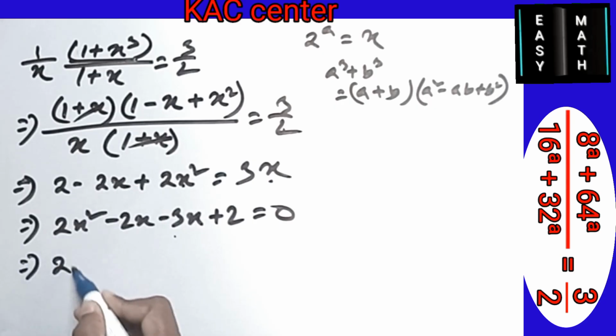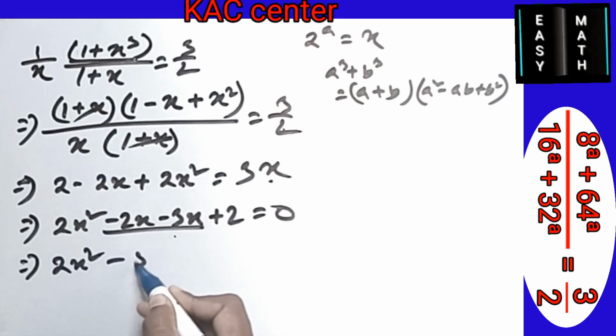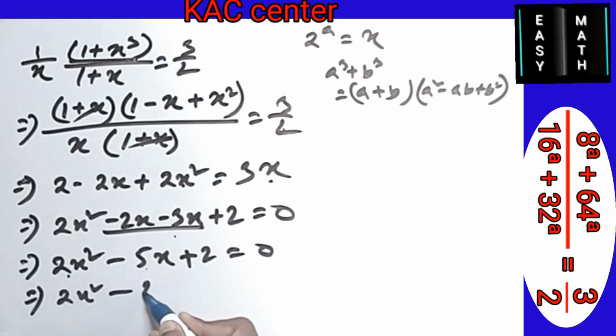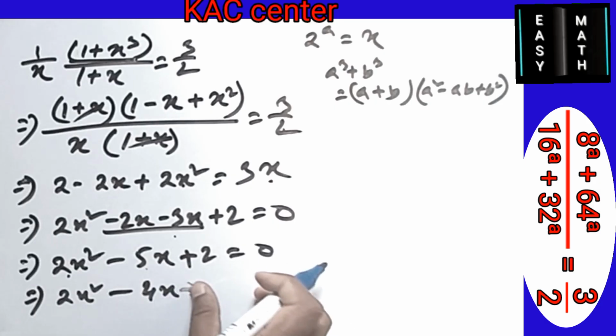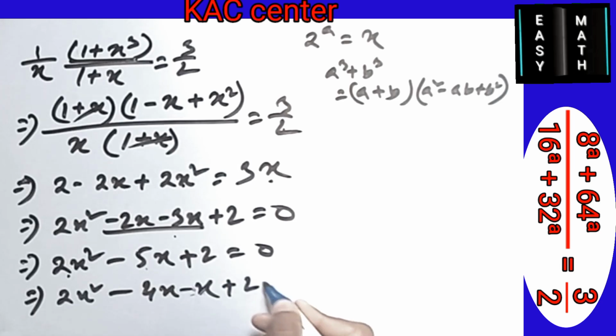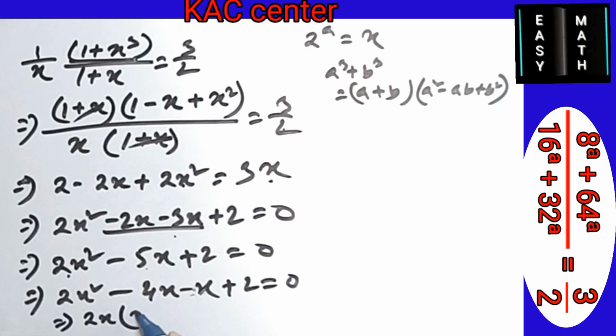So now 2x square minus 5x plus 2 is equal to 0, and now 2x square, 4x plus 4x, minus x plus 2 is equal to 0, and we take 2x common, so x minus 2, and minus 1 is taken common, so x minus 2 is equal to 0.